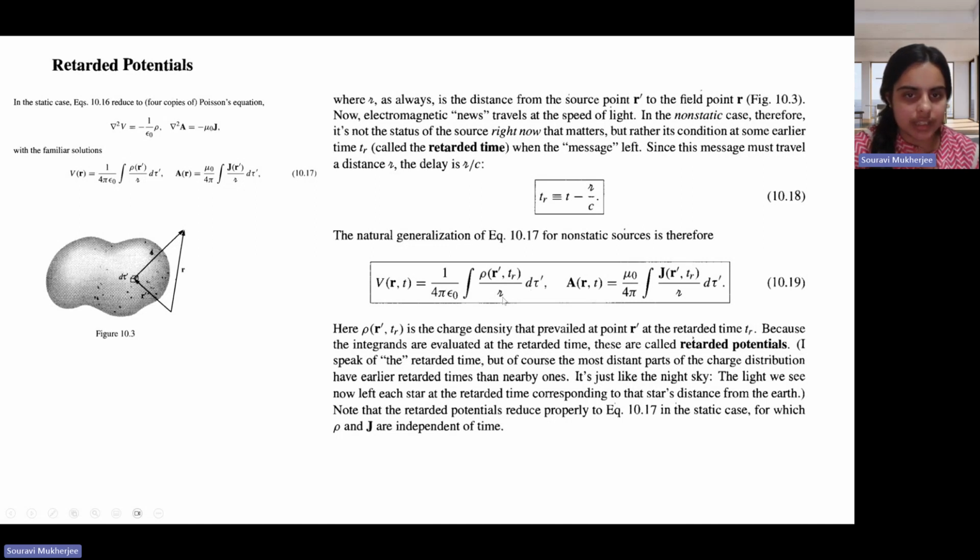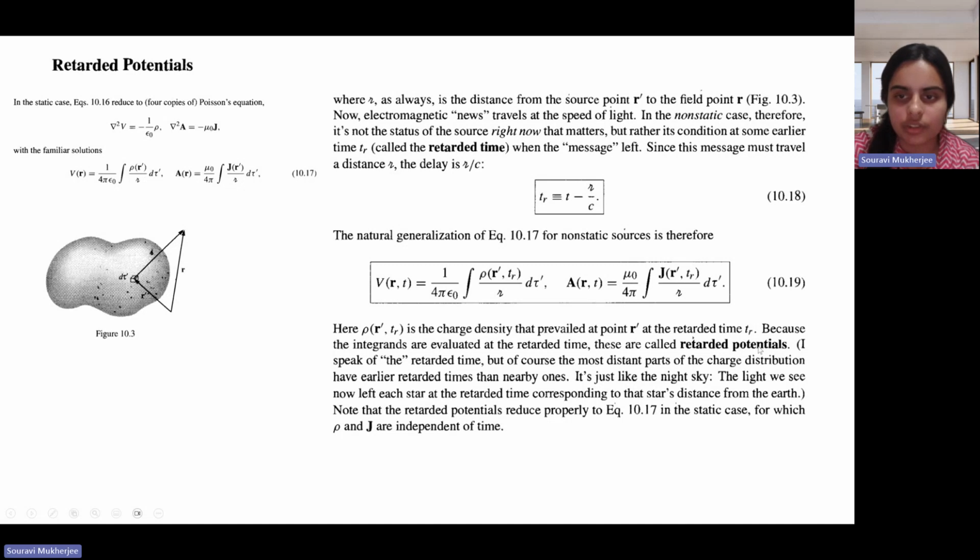This r here is the distance between the source and the field point. You are doing an integration over some volume over which your charges are distributed or the current is flowing. So this rho is the charge density that prevailed at point r prime at the retarded time tr. You are seeing the effect at r at some time t, which is later than tr.